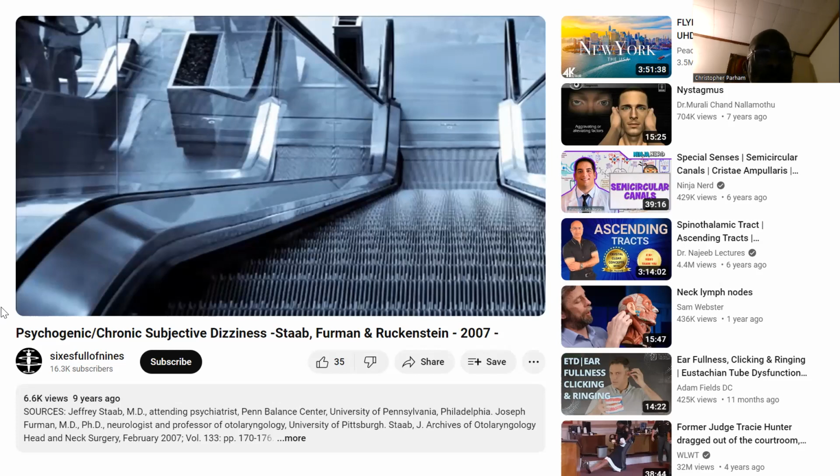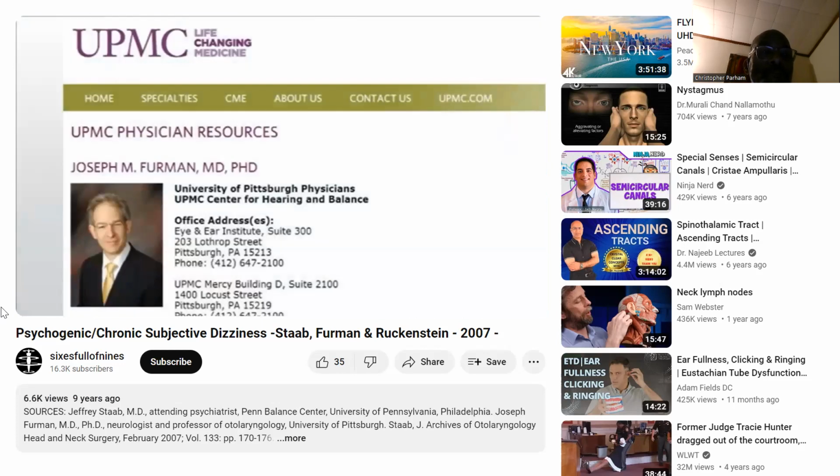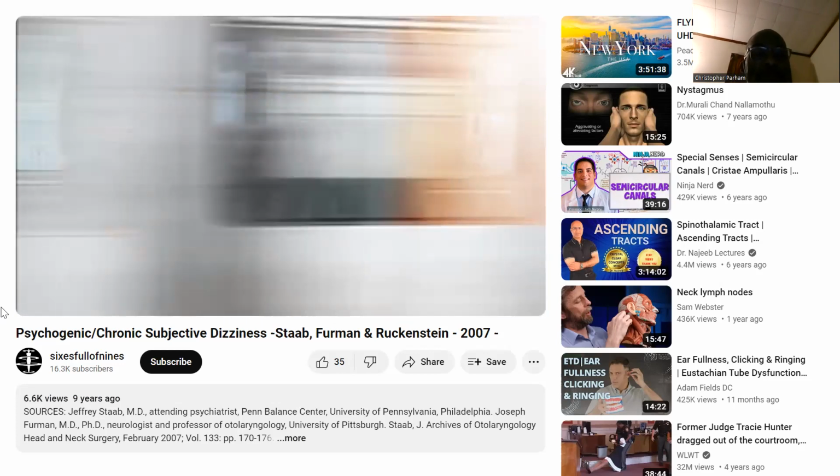Staab focused on a type of chronic dizziness not related to vertigo, the feeling of spinning usually linked with inner ear problems. Among these forms of dizziness, he says, is one type that is particularly mysterious. He focused on this type, which has been called psychogenic dizziness, and is associated with anxiety. He prefers to call it chronic subjective dizziness.